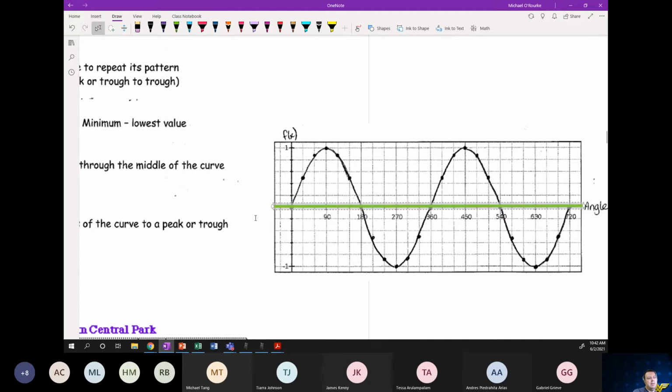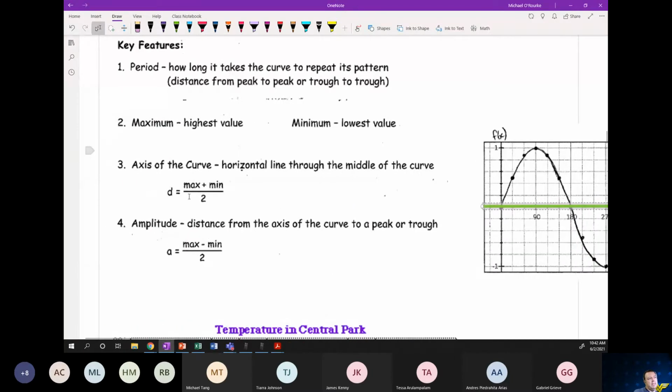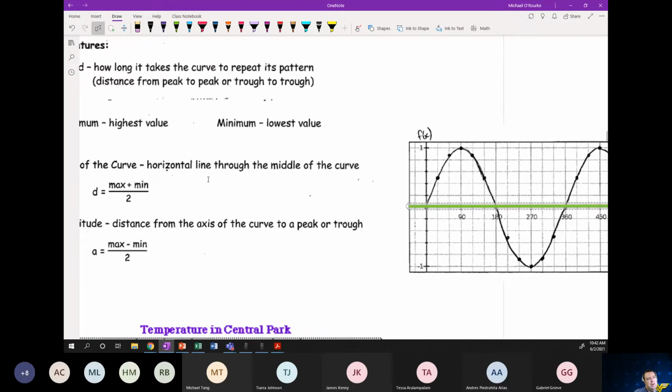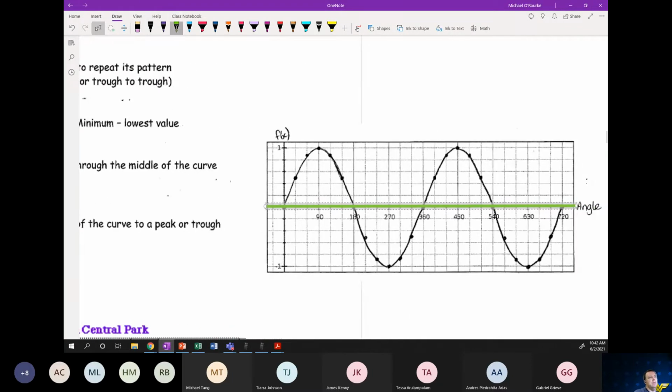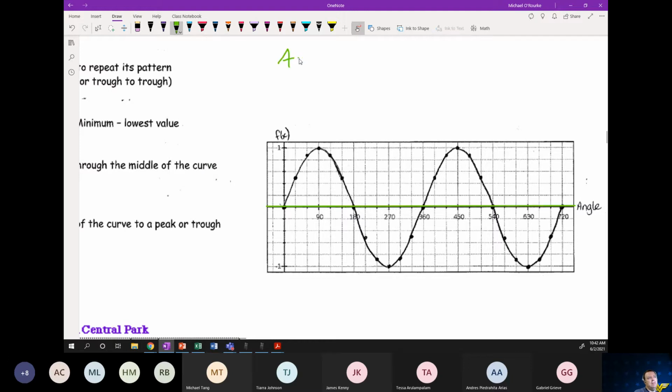Okay, axis of the curve, how we find that is we add our max, our min values, and we divide by 2. So my axis is max plus min divided by 2.